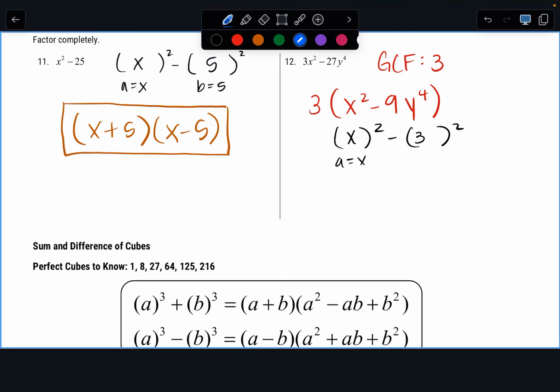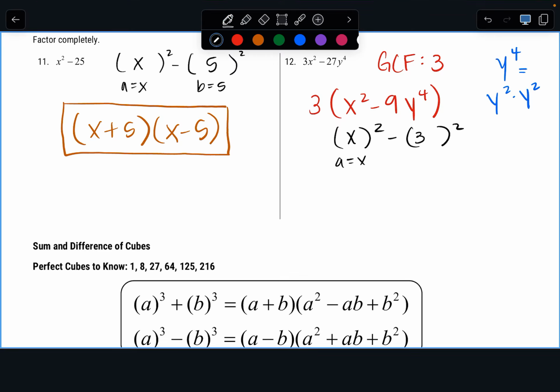Just as a side note, y to the power of 4 can also be written as y to the power of 2 times y to the power of 2. That is an exponent rule where the 2 exponents get added together.